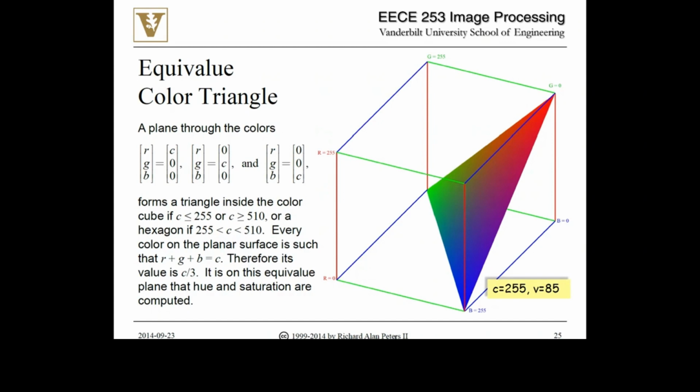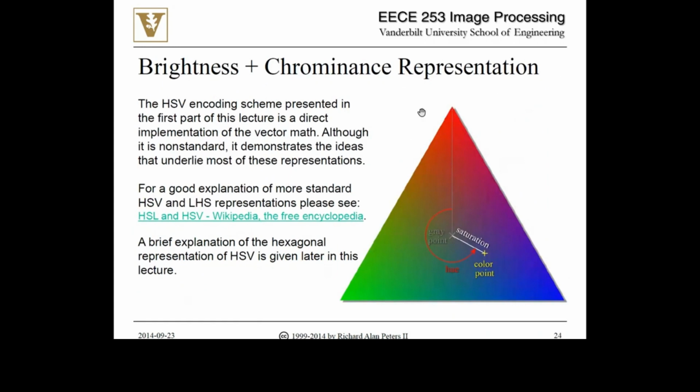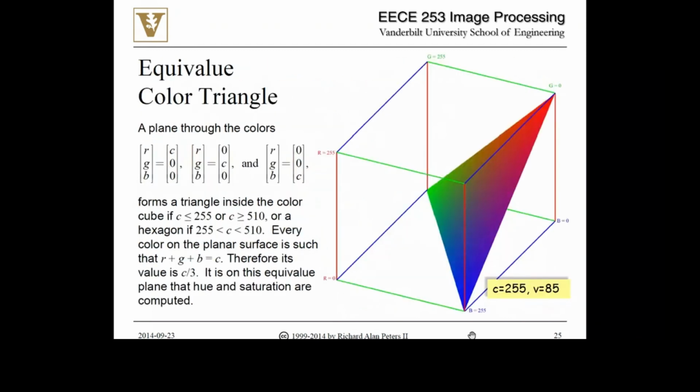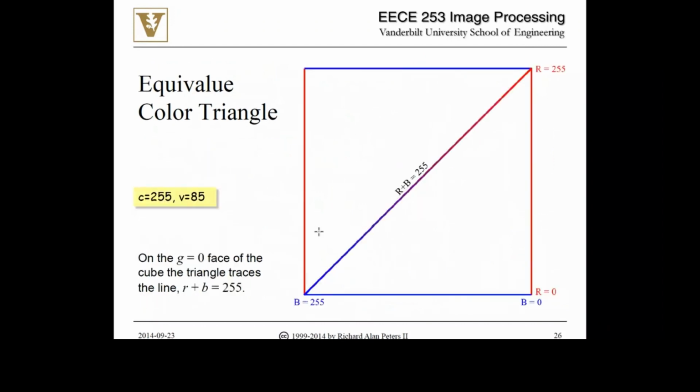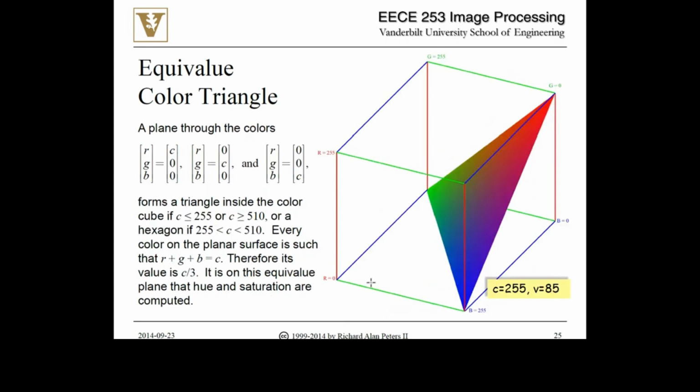Good, so that is the plane that I was showing before. This plane, or this triangle, is the set of colors that fulfill R plus G plus B equal to C. And I can look at the intersection of this plane with different entities in the vector space. For instance, let's look at the RB plane. The RB plane is this one.